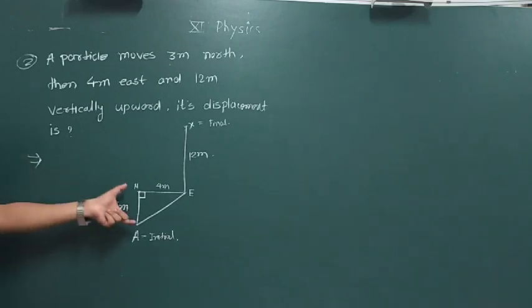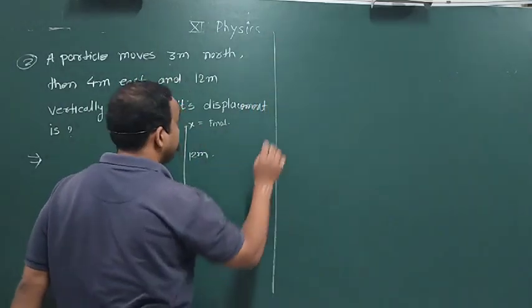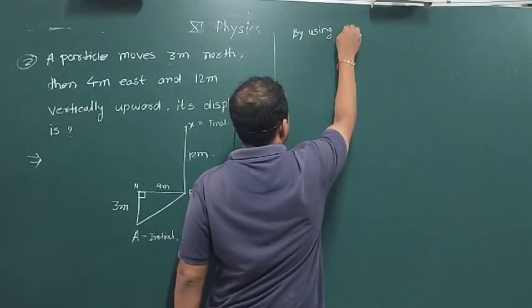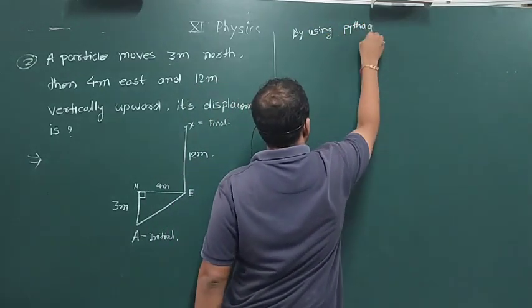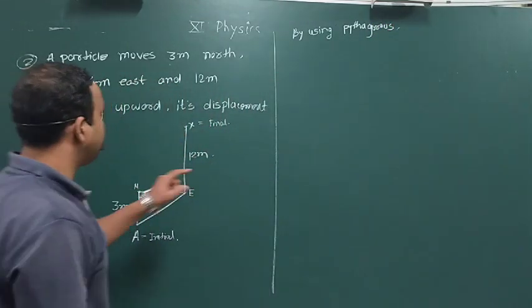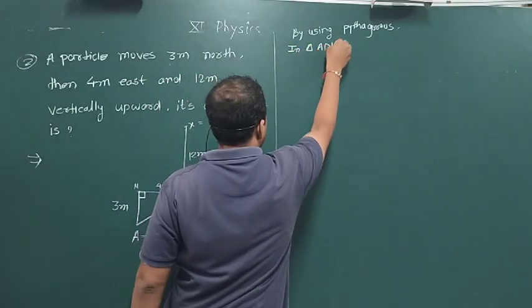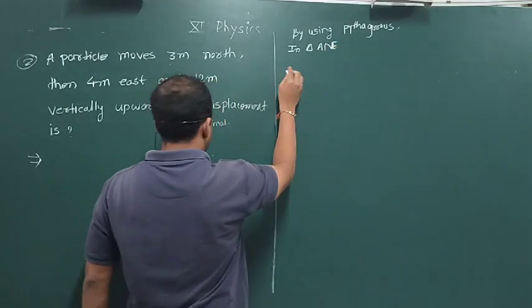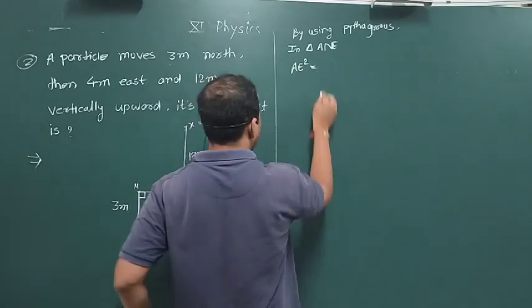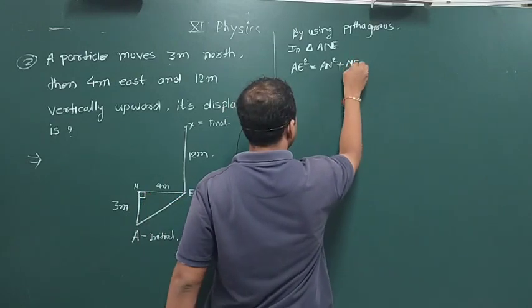So by using Pythagoras in triangle AEN, we get AE square is equal to AN square plus NE square.